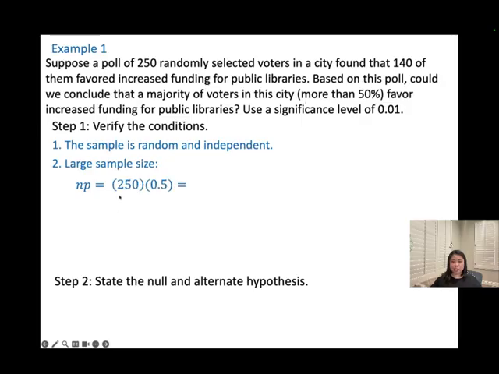So n times p equals 125, which is greater than 10. This is good. We have at least 10 successes. Now we're going to calculate n times 1 minus p. 1 minus p is talking about the failures.